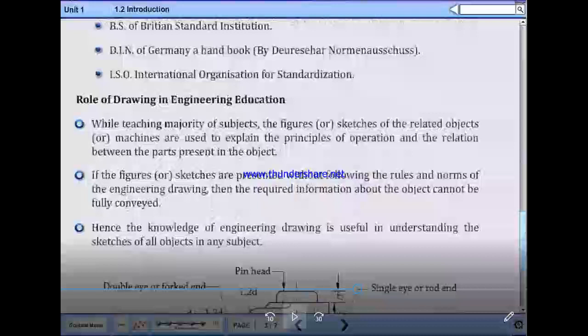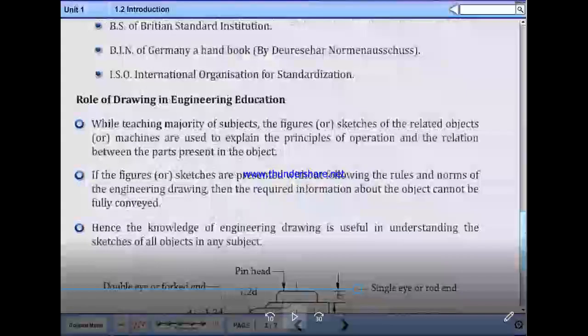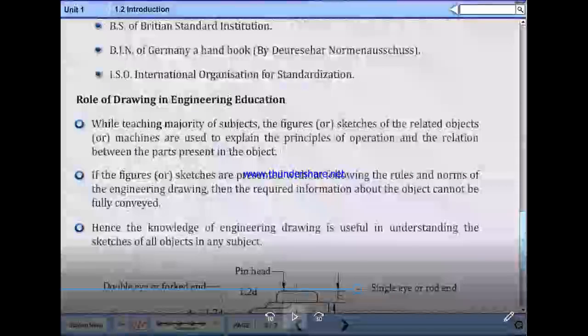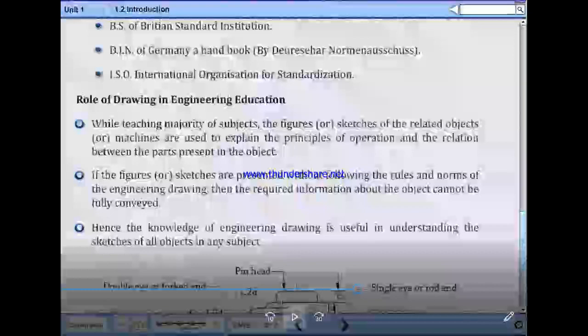The role of engineering drawing in engineering education is that while teaching the majority of subjects, the figures or sketches of related objects or machines are used to explain the principle of operation and the relation between the parts present in the object.